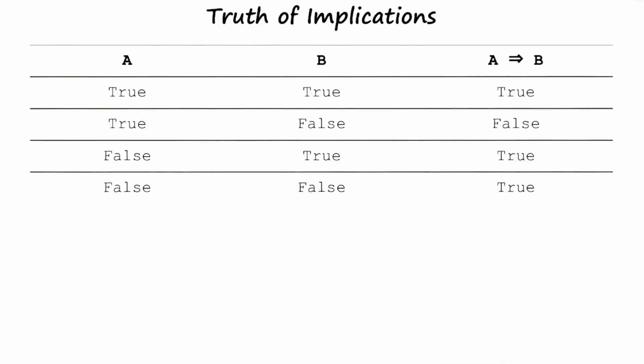Recall that we had said earlier that if we know the truth values of various predicates in a sentence, then we can compute the truth value of the sentence as a whole. Well, a sentence may contain an implication. So that raises the question, how can we compute the truth value of an implication? This table gives us the truth value of implications.